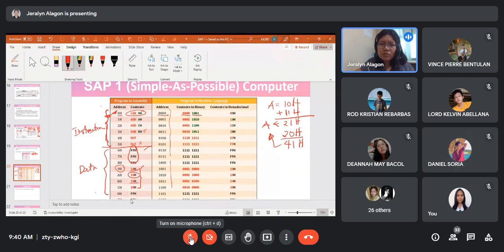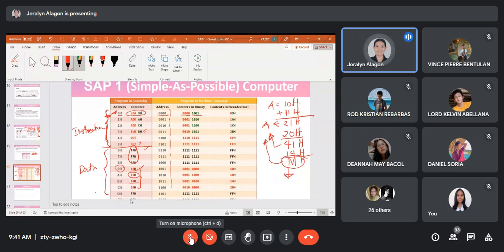So 14H is subtracted. Whatever the answer is, I will call it MH. So MH is stored in the accumulator again. Afterwards, MH is sent to the output port, then displayed. Then your program ends. So this is a very simple mathematical operation, addition and subtraction.